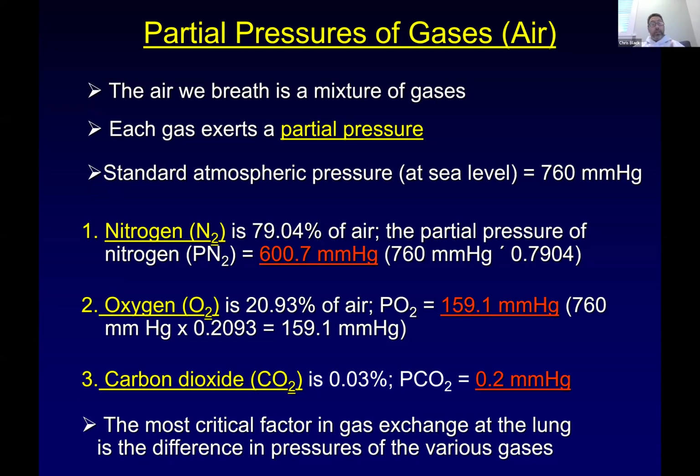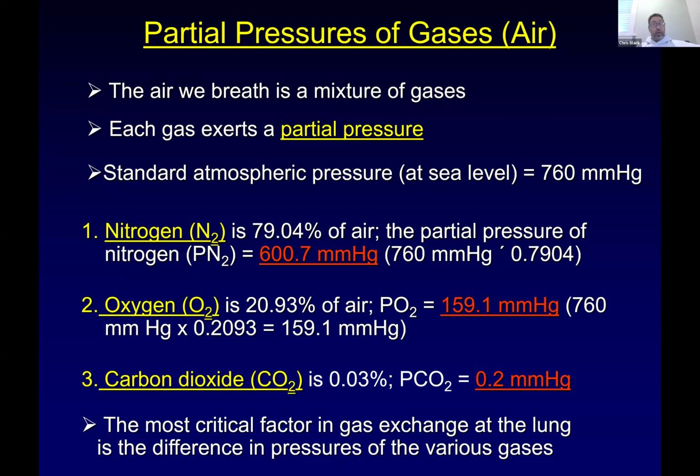Okay. The idea behind partial pressure laws is that atmospheric air, let's just say we are at sea level, which we're not too far from here in Oklahoma, exerts a certain pressure on everything that comes into contact with it.